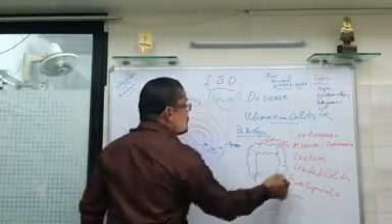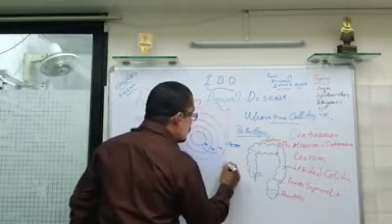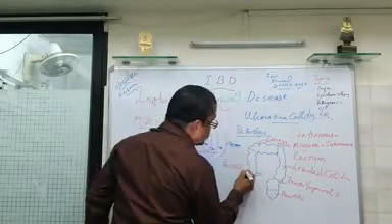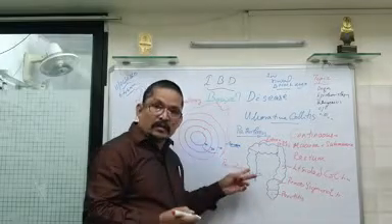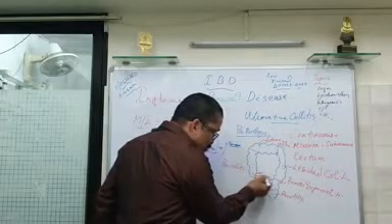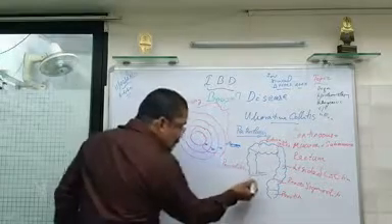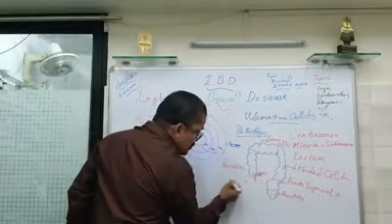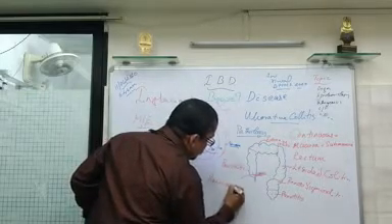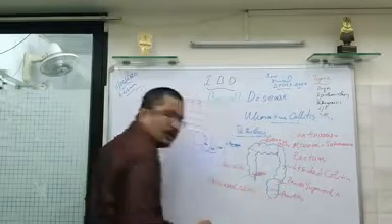When it affects the entire colon, it is pancolitis. When the inflammation extends from the colon to the last portion of the ileum or the small intestine, it is backwash ileitis.